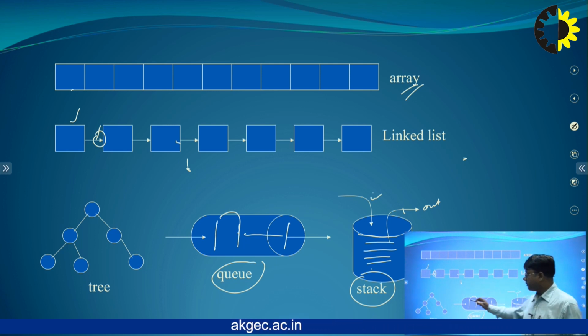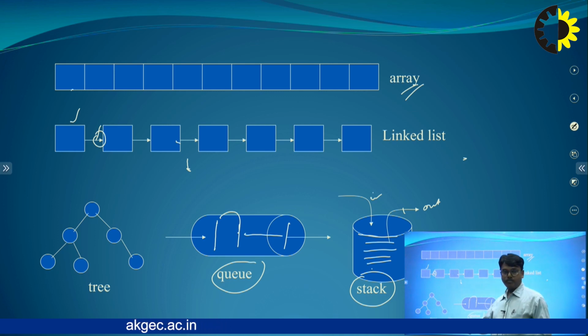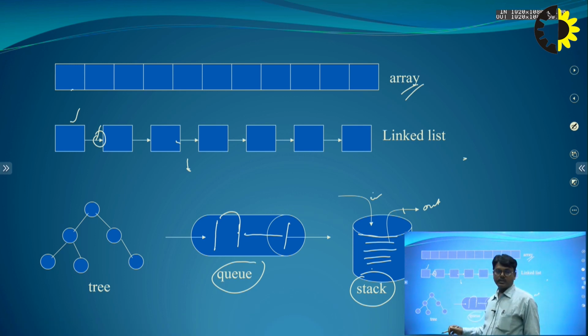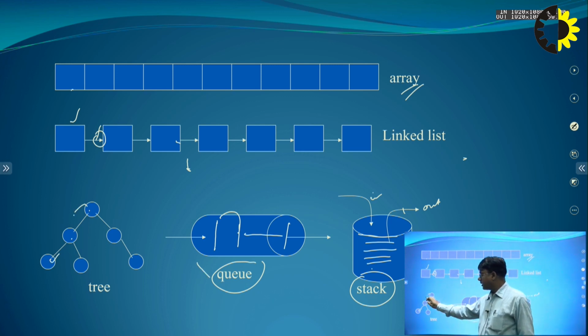But in case of tree, it is a non-linear data structure. It has different branches, meaning multiple data are stored at different locations. When we traverse here, we consider only one path.